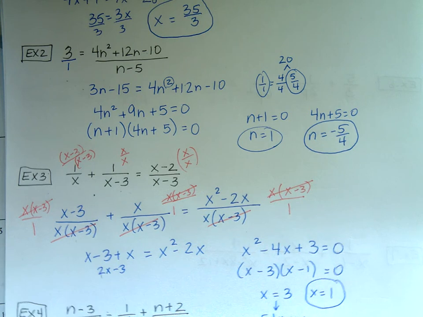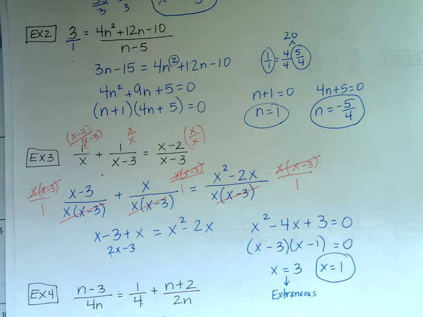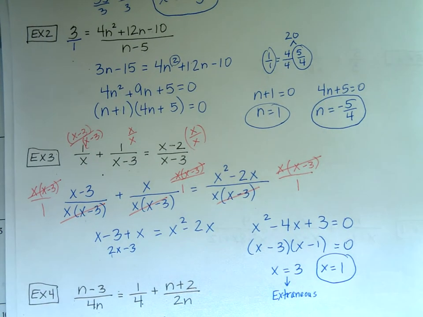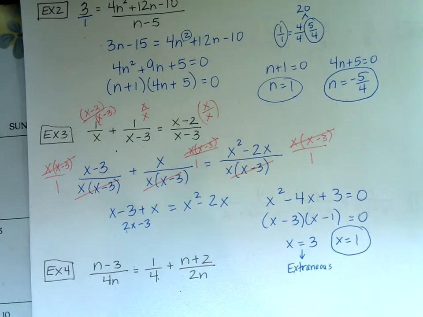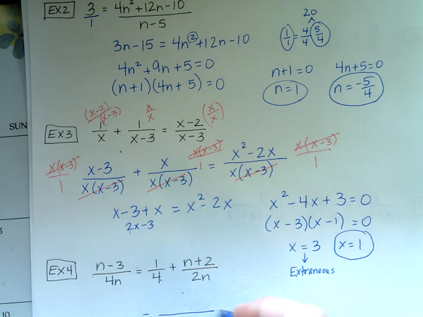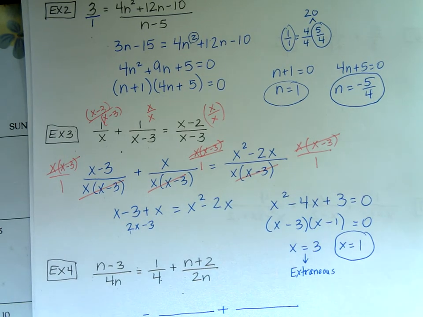All right, example 4. Again, I have 3 fractions. I can't do the easy way that I did numbers 1 and 2. So number 4, if I take common denominators, I have 3 fractions. Here's my 3 fractions. Between a 4, and a 2, it's a 4.